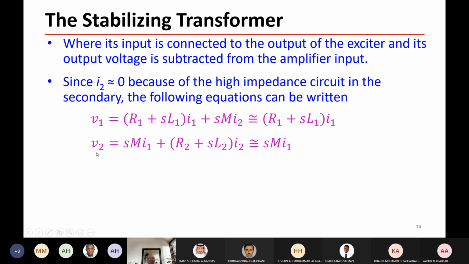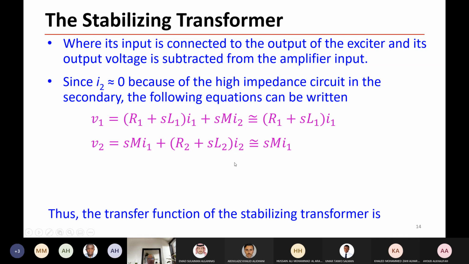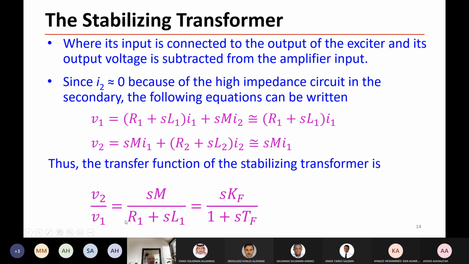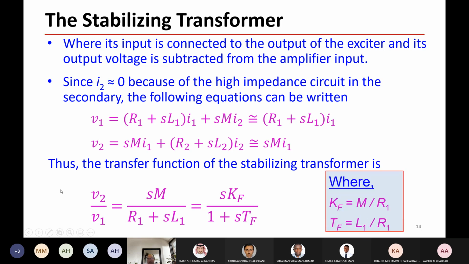So the transfer function V2 over V1 can be written as sM I1 over (R1 plus sL1) I1, and of course you can put it in the standard form as sKF over 1 plus sTF. So this is the stabilizing transformer transfer function. Okay, so KF equal to M over R1 and TF equal to L1 over R1. Of course, you can easily handle this. Any question?